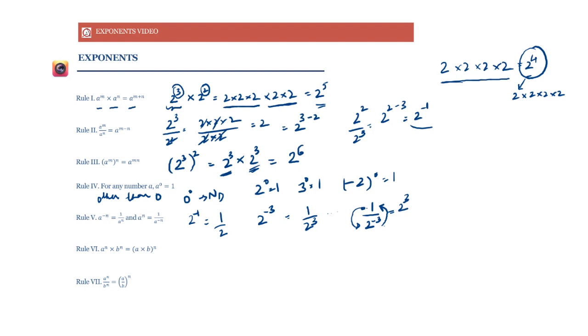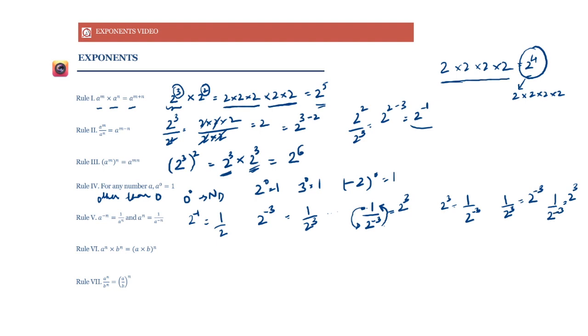So if it is positive in the numerator, it becomes negative in the denominator. If it is positive in the denominator, it becomes negative in the numerator. If it is negative in the denominator, it becomes positive in the numerator. I hope you understand this.